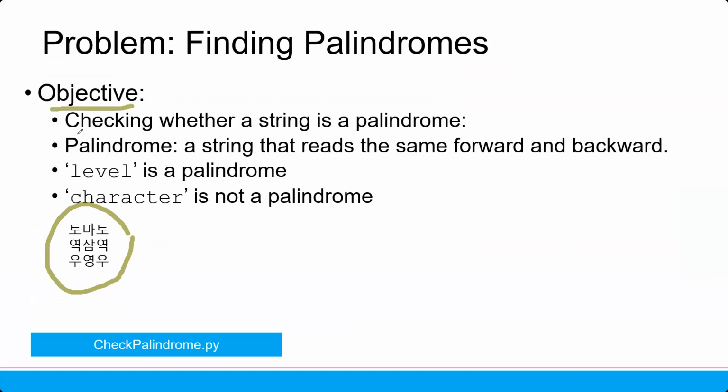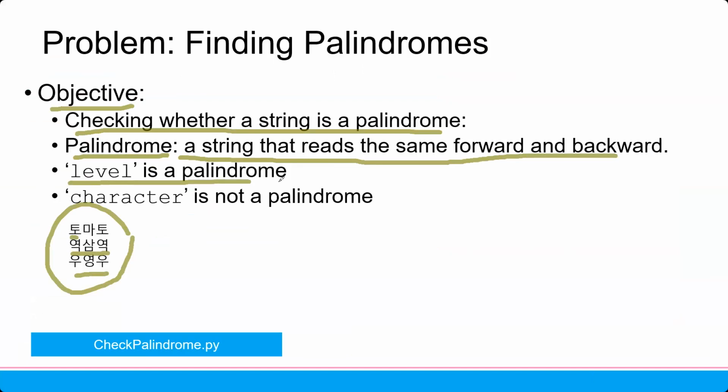So the objective is checking whether a string is a palindrome. Palindrome means a string that reads the same forward and backward. Tomato, 역삼역, 우영우. So we can read from the first letter or the last letter, and they are the same.